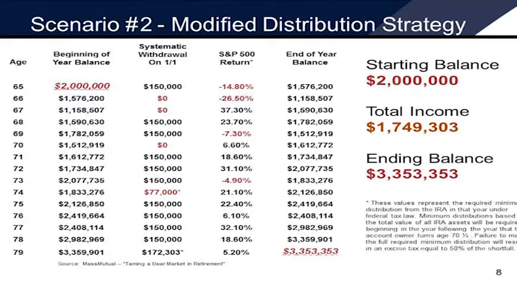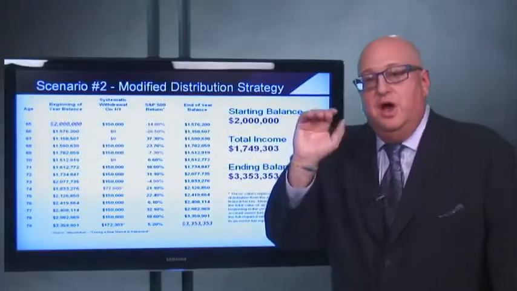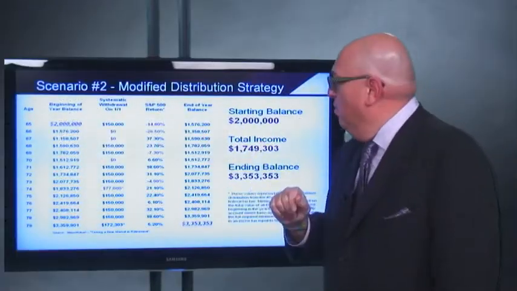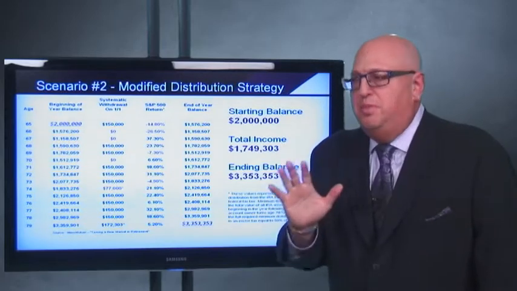And the only time we withdraw in this modeling after a negative year is to take a required minimum distribution because the client would be over age 70 and a half. In this scenario, we took out $500,000 less, but we ended up with $2.4 million more. $900,000 versus $3.3 million. Pretty compelling difference.